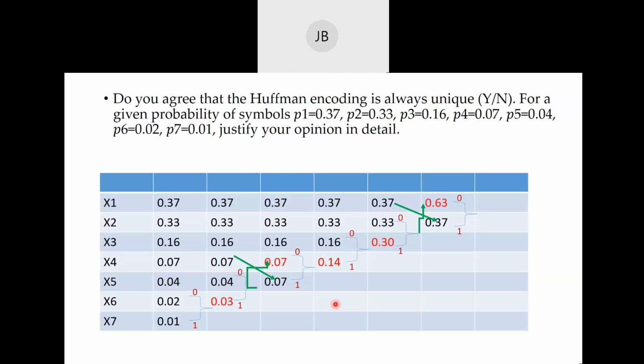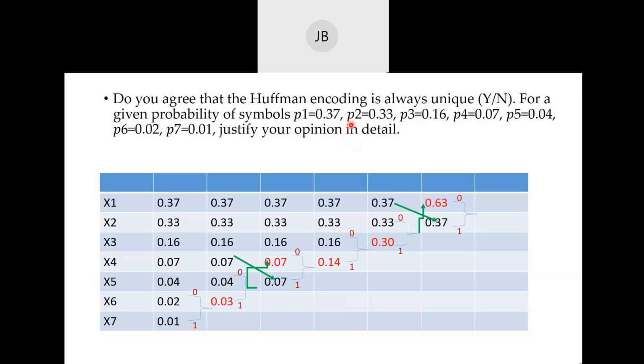Now we will move on to the next question. Do you agree that Huffman encoding is always unique? Yes or no? For a given probability of symbols, for example, probability is 0.37, or different probabilities are given here. There are 7 symbols and their different probabilities are mentioned here.